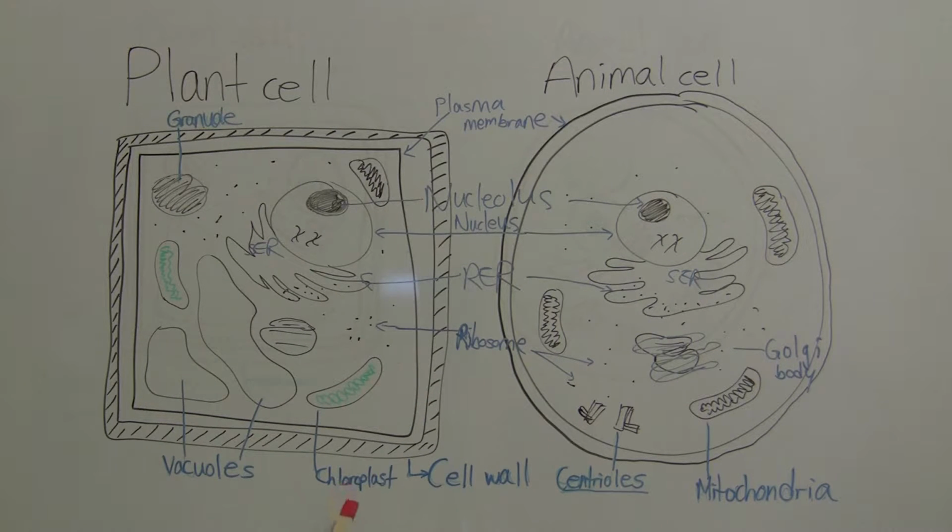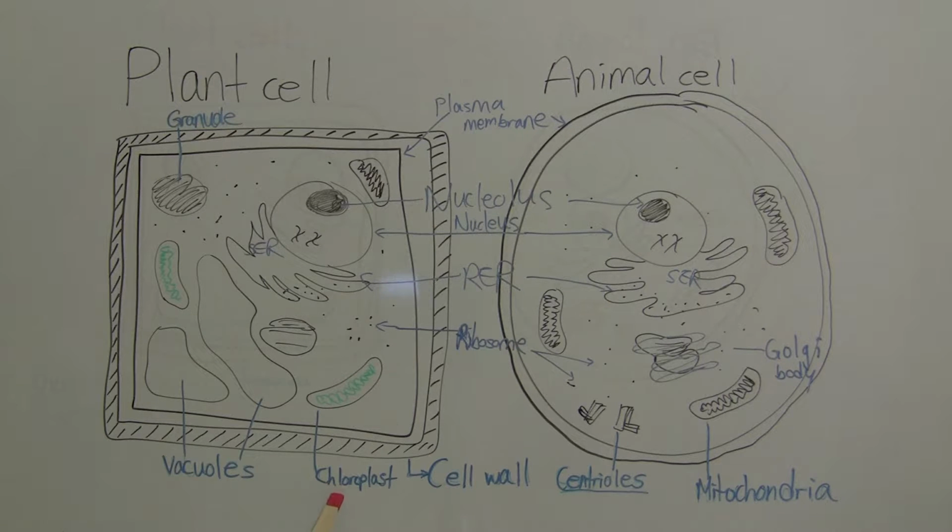Another difference is that plants contain chloroplasts, but animal cells only contain mitochondria. So there are mitochondria also found in plants, but chloroplast is for photosynthesis. Plants use light as their source of energy to produce ATP and carry out photosynthesis.